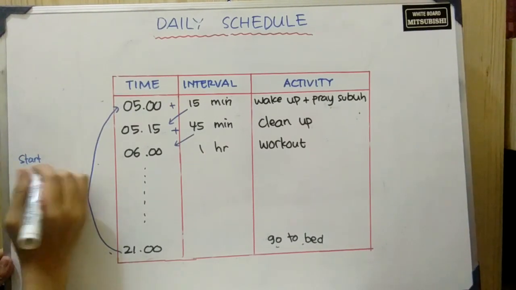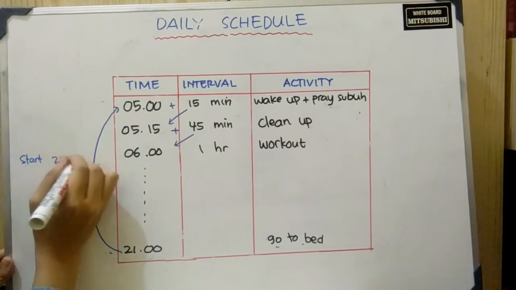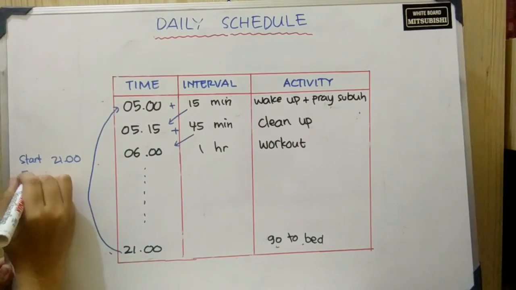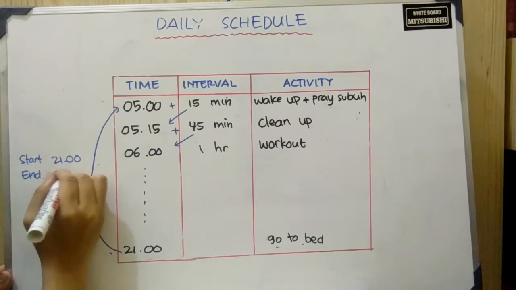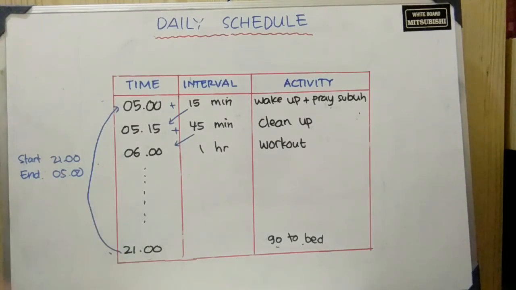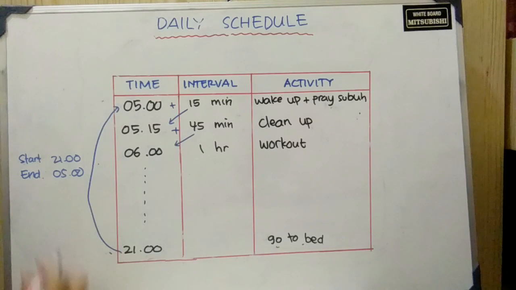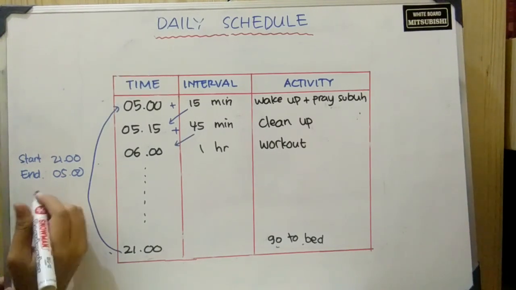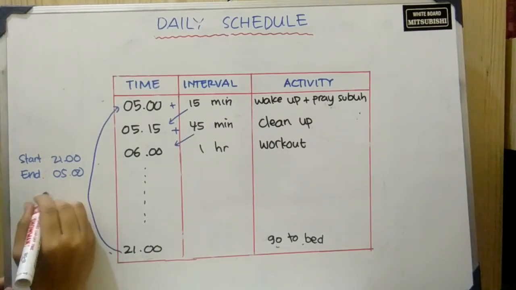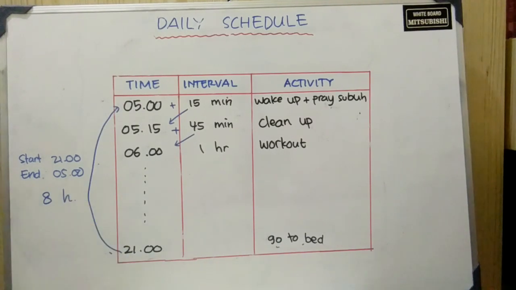If we choose subtraction, you can change 21 as 9 o'clock and 5 o'clock as 17. So from 9 to 17 is 8 hours. So we write 8 hours in the interval.